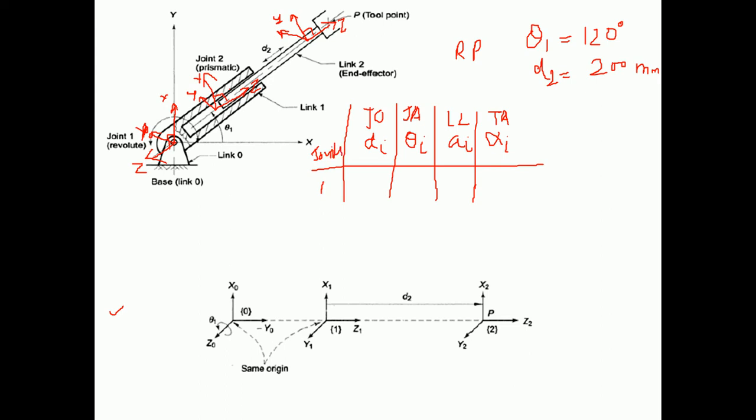With respect to this, di is the distance along the common normal from the origin of the frame. Over here you can see that the joint 0 frame and the joint 1 frame have the same origin.